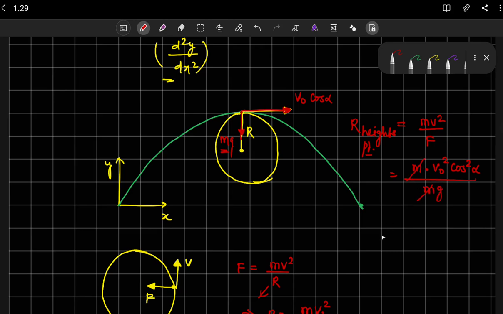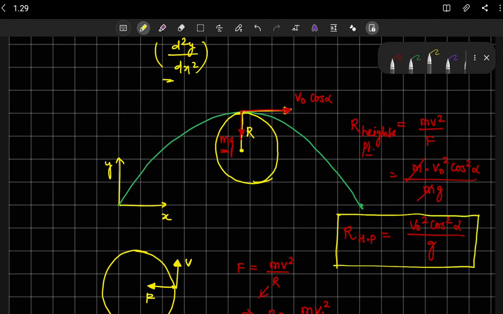The m will get cancelled, so we get the radius at the highest point, say R_HP, equal to v0² cos² α divided by g. So this is the value of the radius of curvature at the highest point.